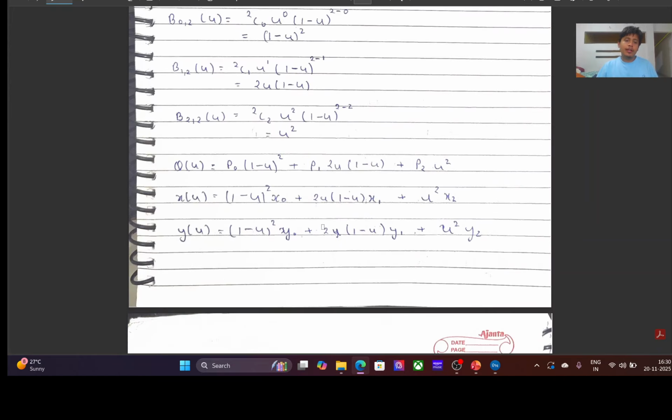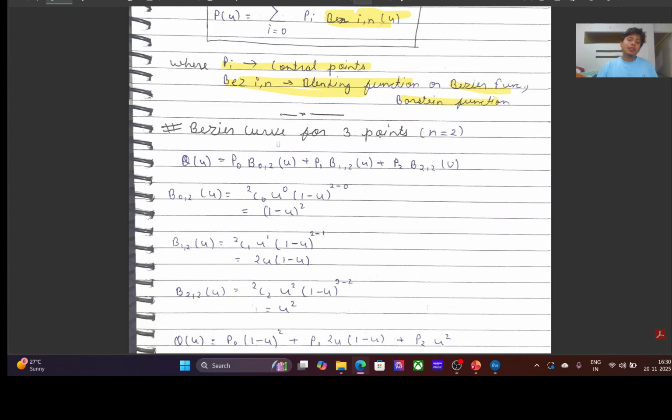Okay, and we have actually found the Bezier curve for 3 points. If we have 3 points, like we said in the degree part, how to find the degree? Control points minus 1. We have total 3 control points, so n is 3 minus 1, which is 2, so we have degree of 2.